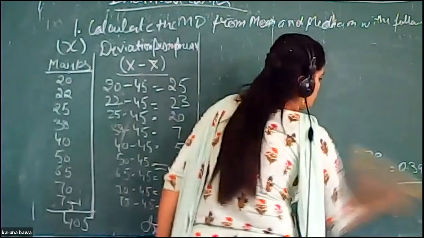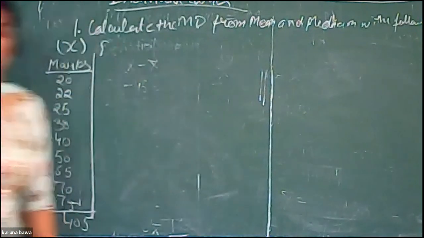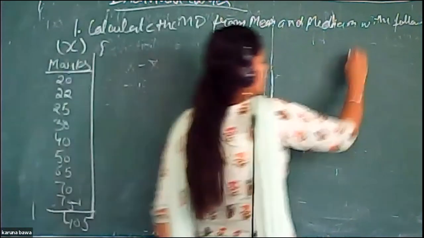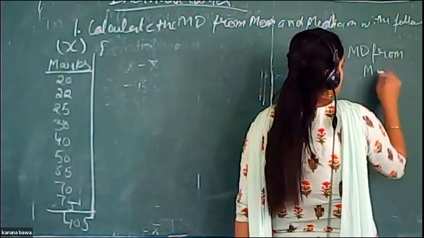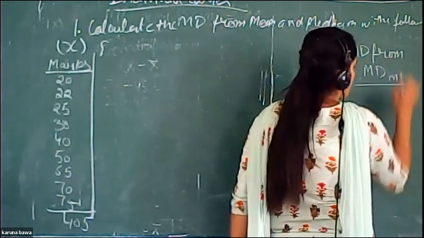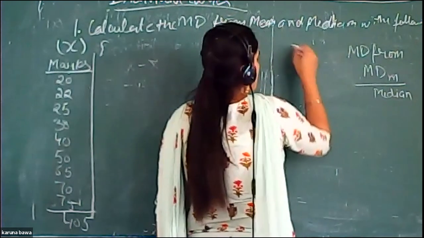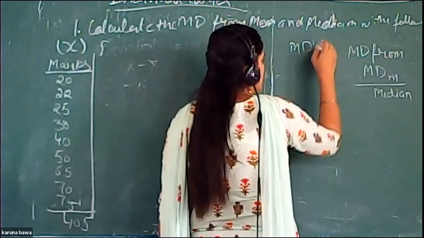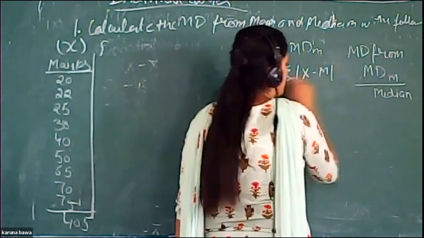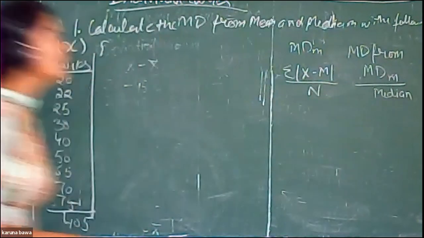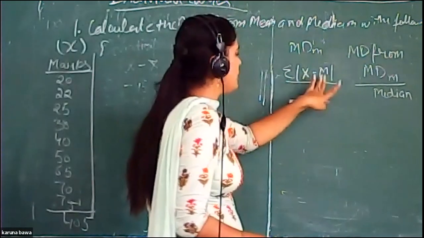So now find out the median value, the same as in the earlier activity. The formula of mean deviation from median is summation of x minus median divided by n.